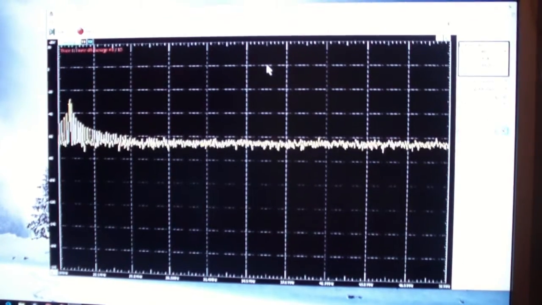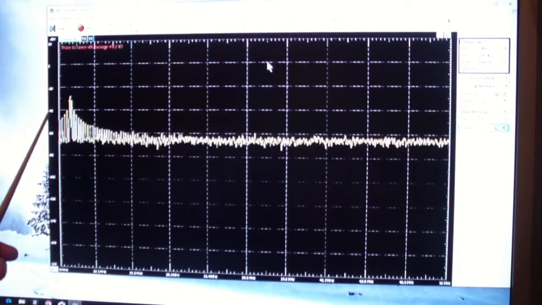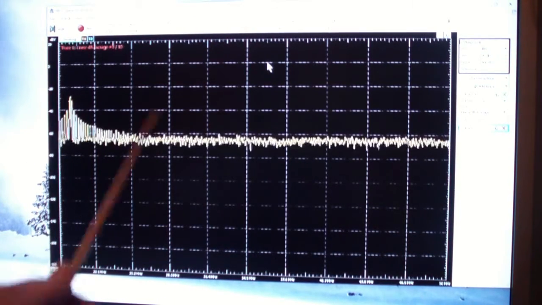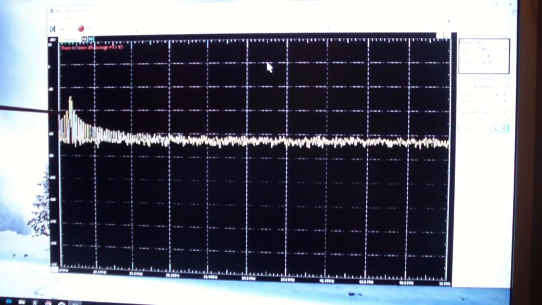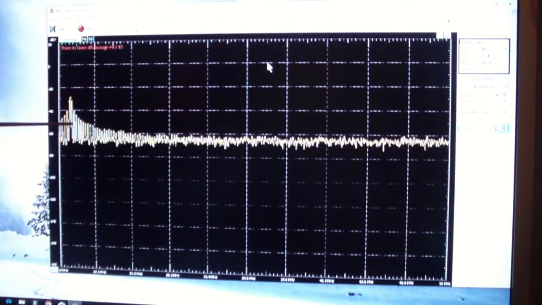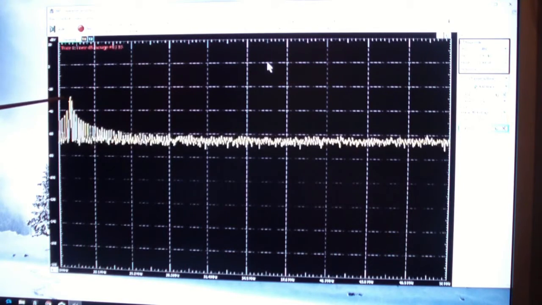So the purpose of this is to say, suppose that you're working on a 10-meter amateur radio transmitter for say packet or other data. What you're interested in is not just the fundamental and its sidebands, but you're also interested in the harmonics.